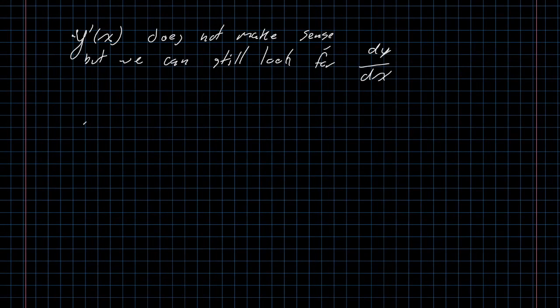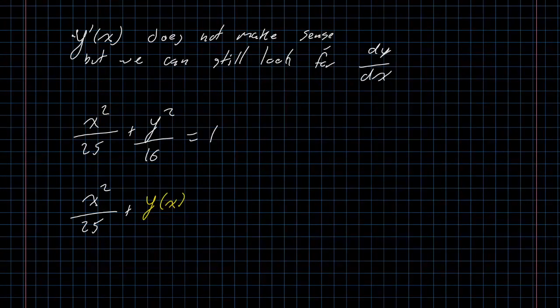So if I rewrite my equation, x squared over 25 plus y squared over 16 is equal to 1, I'm going to think of y as a function of x.